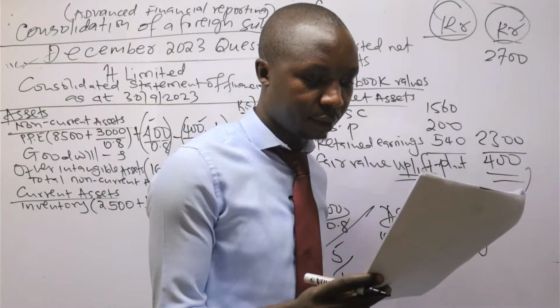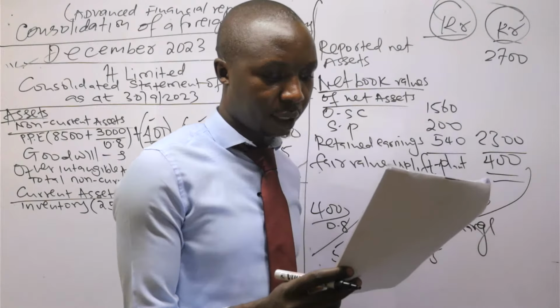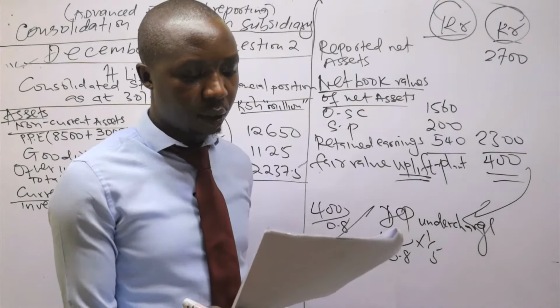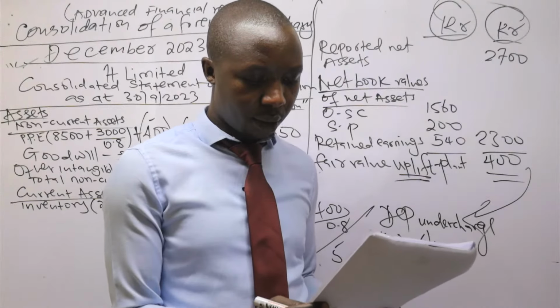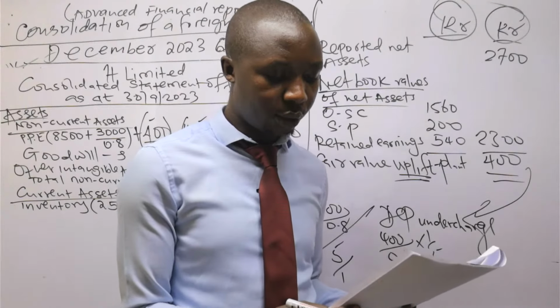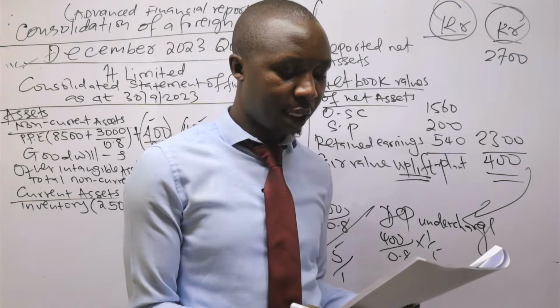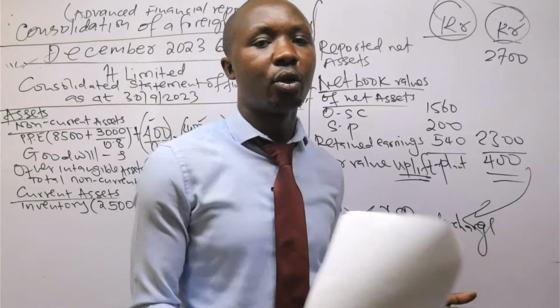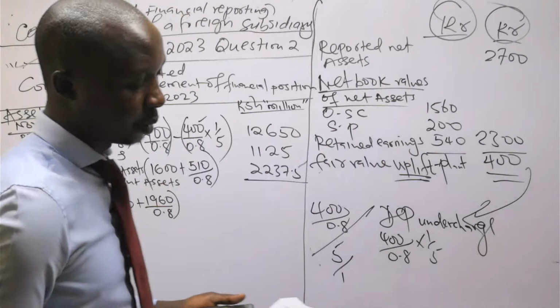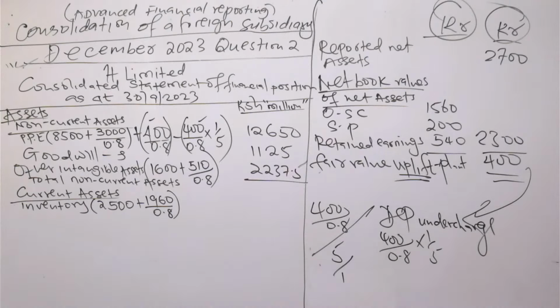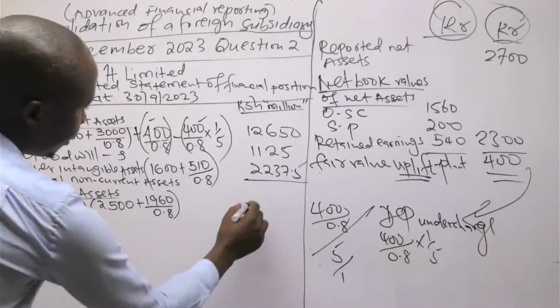We don't have any, because in Note 3, when they talked about H exporting goods to S, there's a last sentence. They said that all these goods had been sold to third parties by S. So there's no unrealized profit on those goods which were sold. So meaning that the 2500 plus 1960, you divide by 0.8. So that is 4950.